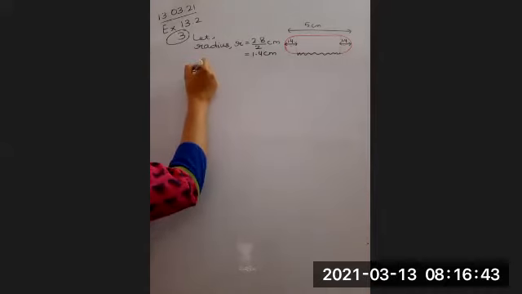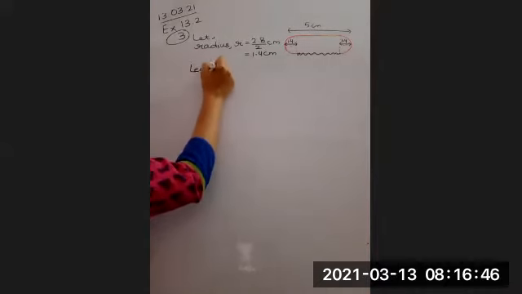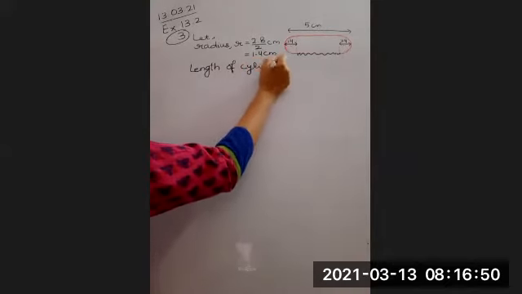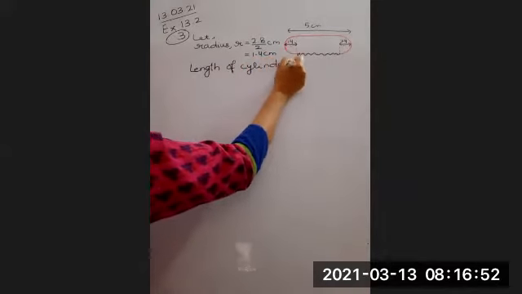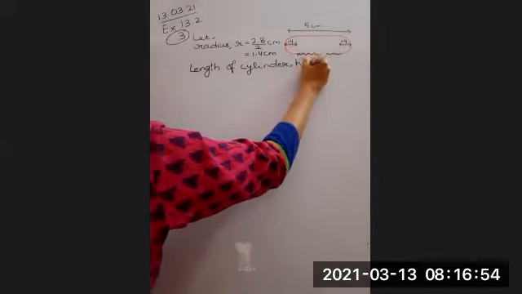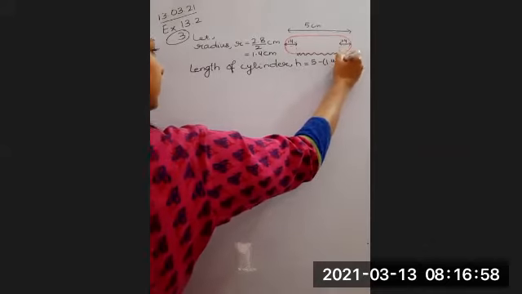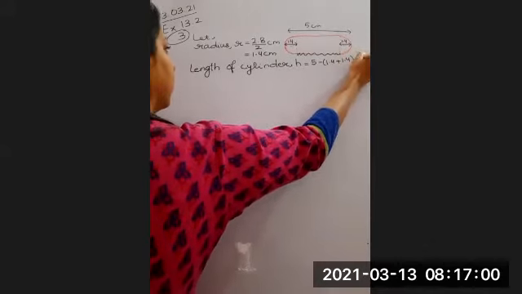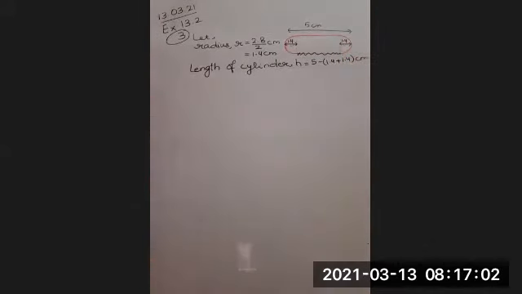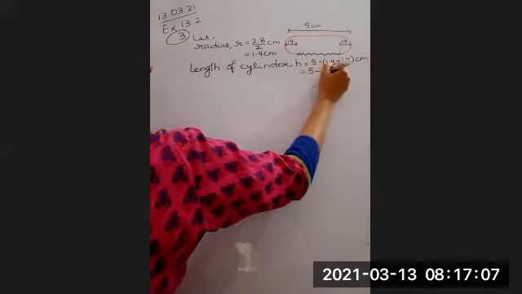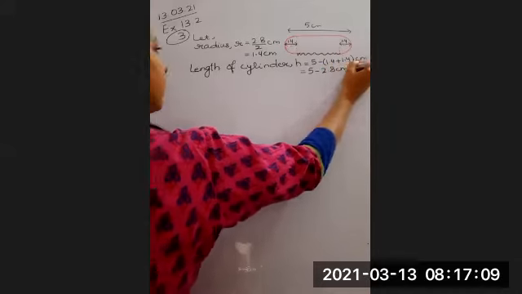Length of cylinder H is 5 minus 2.8 centimeter.